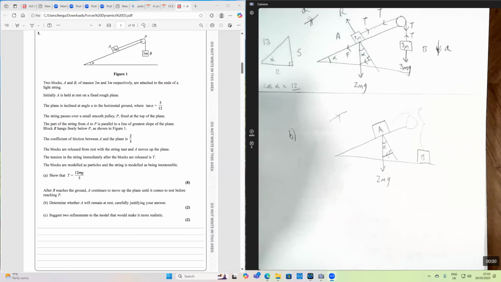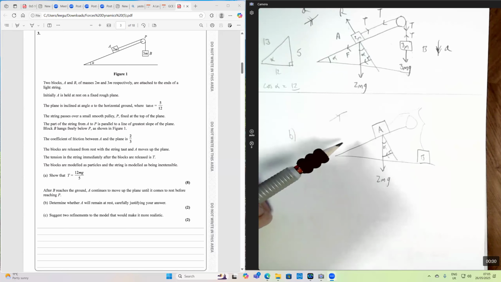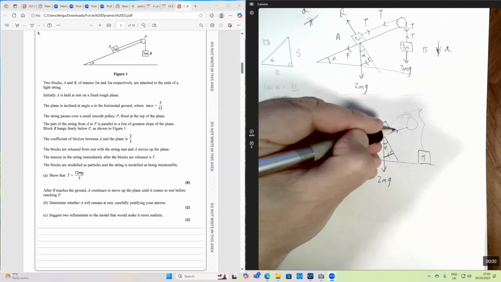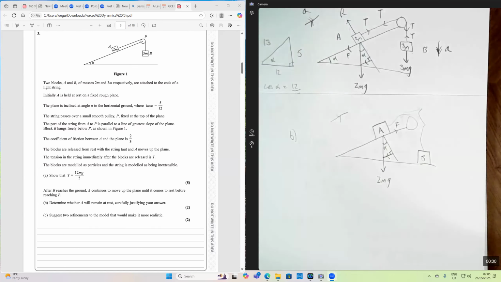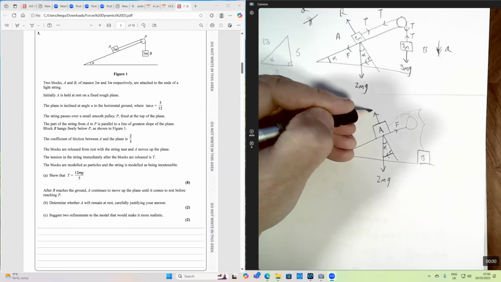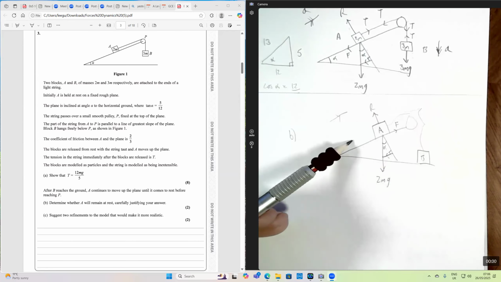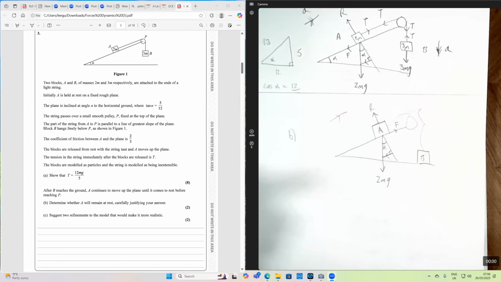Now, because A is on the point of sliding back down the slope, the frictional force has now changed direction. So our frictional force is now acting that way. Those are the only two forces that A is subject to in that direction: its weight pulling it down the slope and the frictional force trying to stop it.